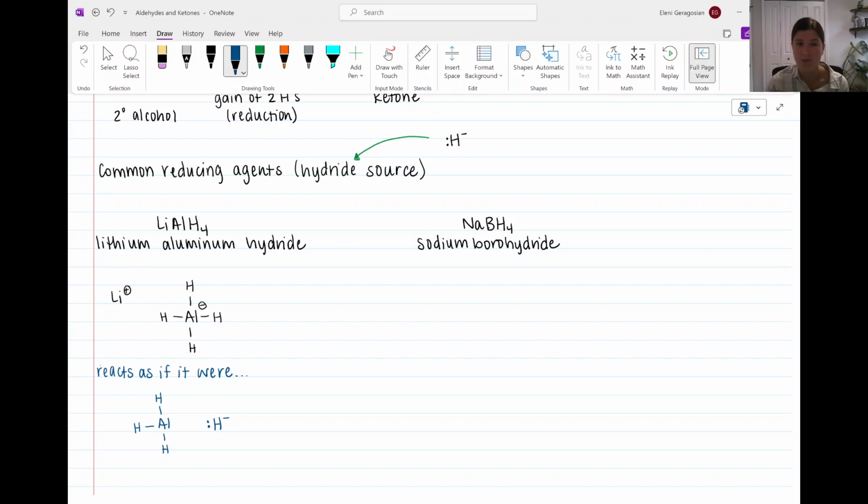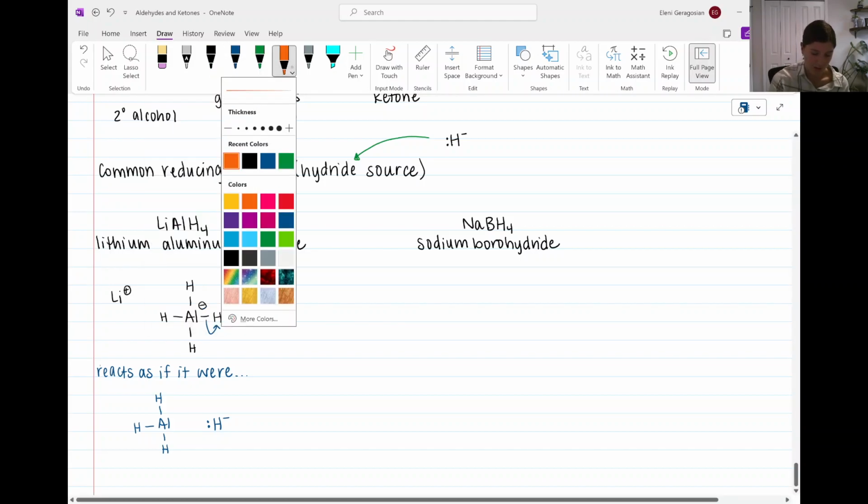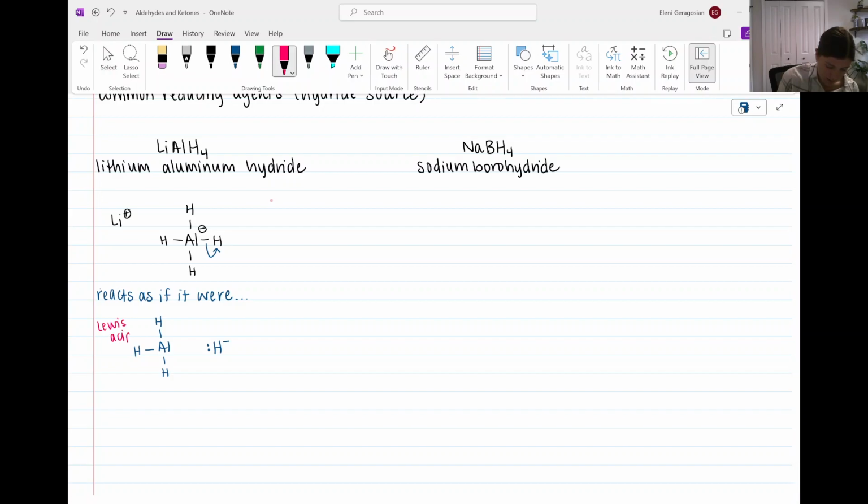This is why lithium aluminum hydride is a hydride source. And then aluminum, which can act as a Lewis acid. So really, we show one of the hydrogens leaving the aluminum. Aluminum, we've seen before, will be a Lewis acid. And hydride is a base. It is a source of electrons. It is also a good nucleophile.